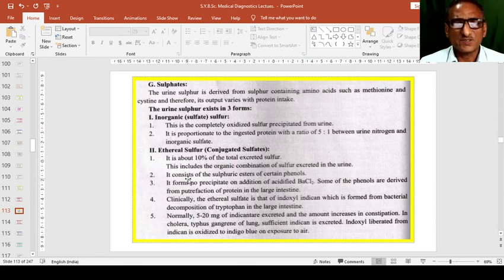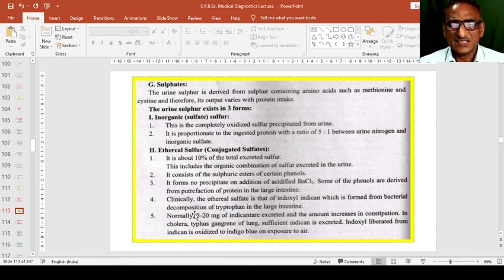Then ethereal sulfur, it is about 10% of the total excretion, and it consists of sulfuric esters of certain phenols, and it forms no precipitation.